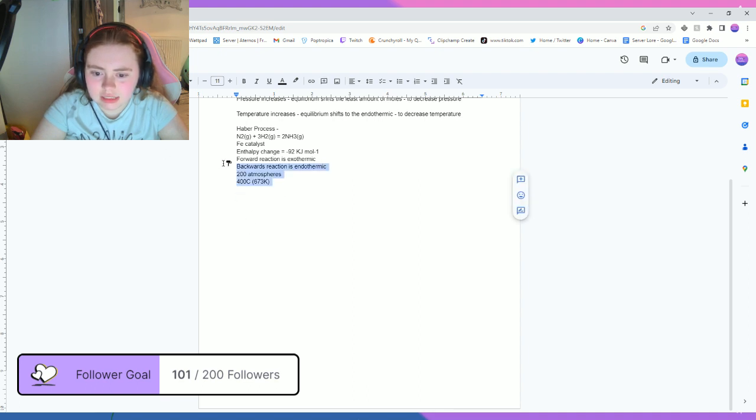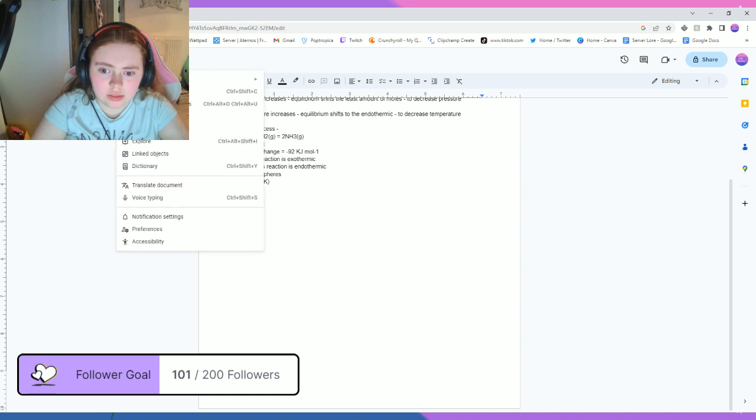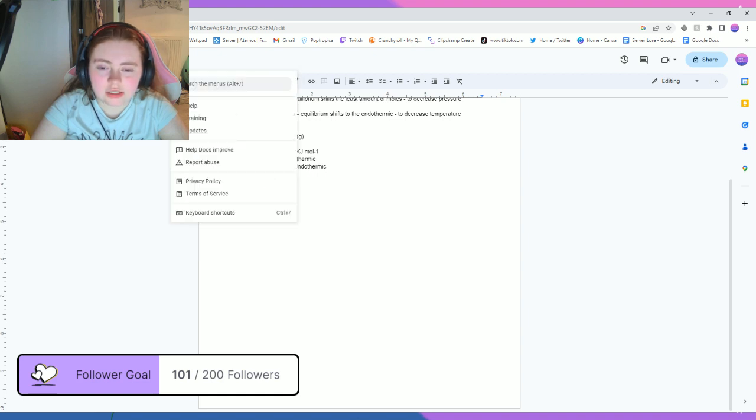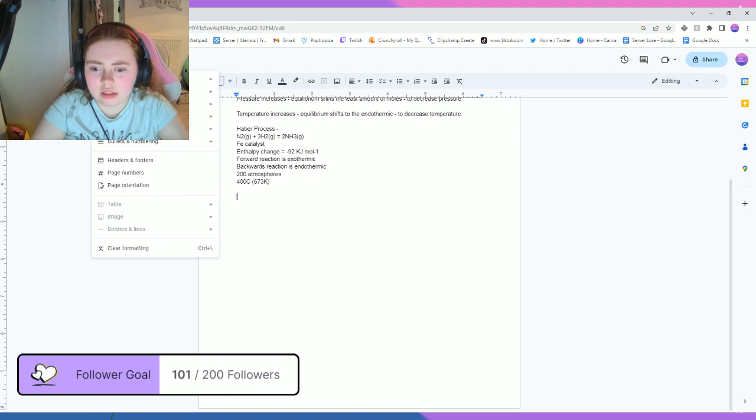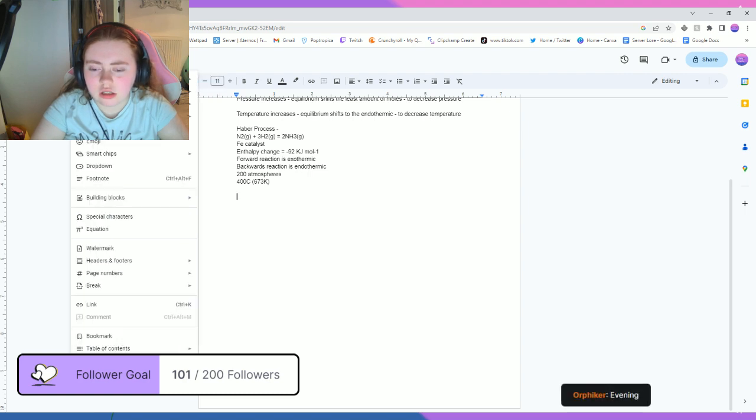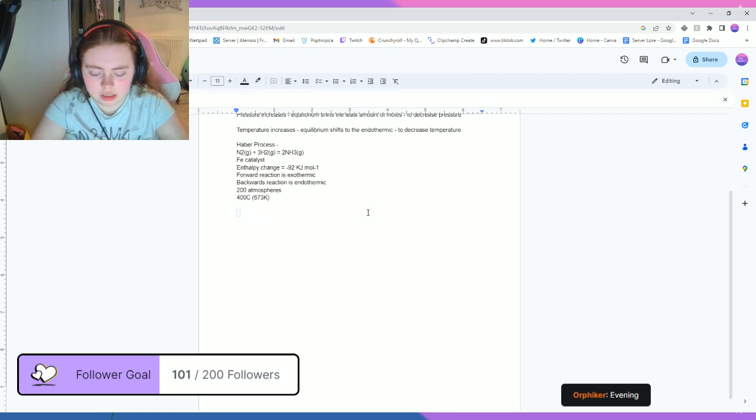Wait, what is this? I don't even know. Is there not a draw feature anywhere here, so I can write out this equation? Oh, I can just type it in here.